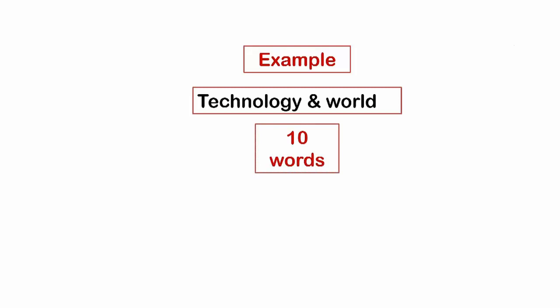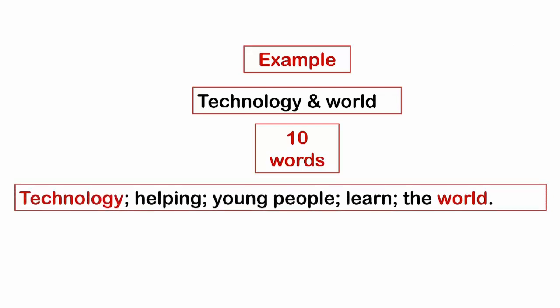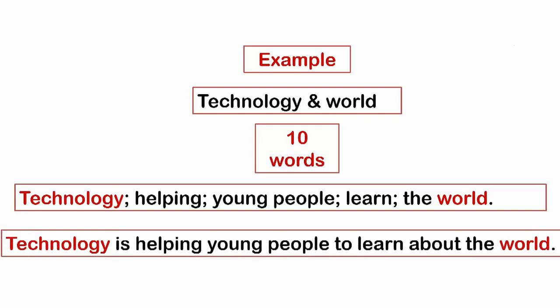And finally, I read it again: technology is helping young people to learn about the world. And you should write the key words. Because this is quite an easy sentence, you could also write the whole sentence out. So the sentence was: technology is helping young people to learn about the world.